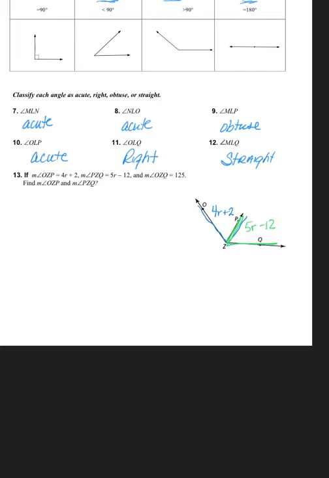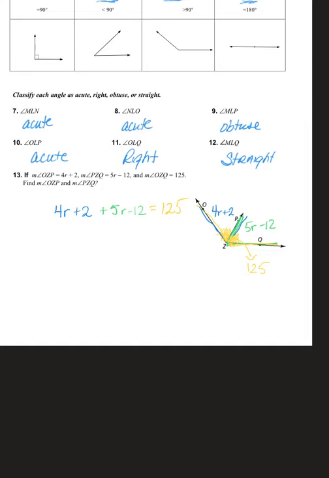And then it tells us that the whole angle, OZQ, is 125. So just like segment addition, we learned that this little angle plus this little angle should give me the whole angle. So I need to add these together. So 4r plus 2 plus 5r minus 12 is supposed to equal 125. So when I add those two pieces together, we should get the whole thing.